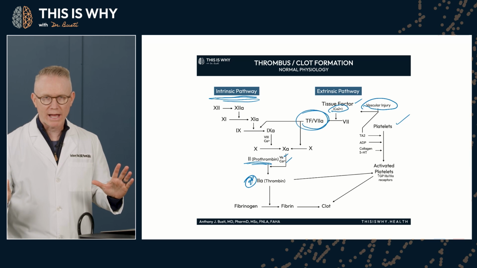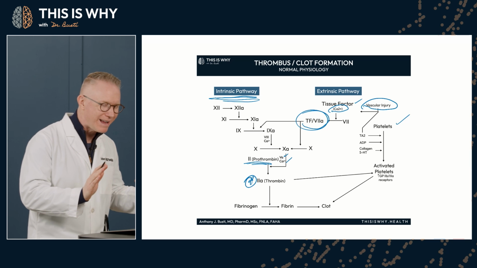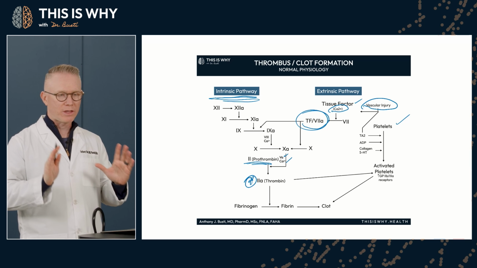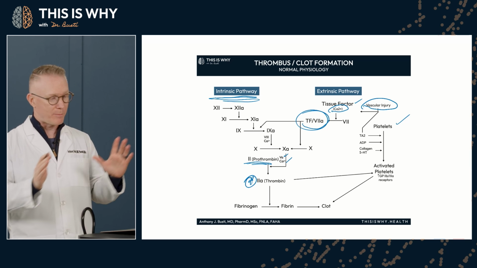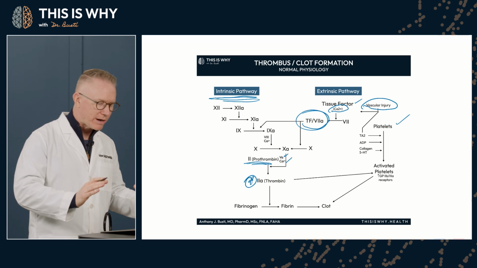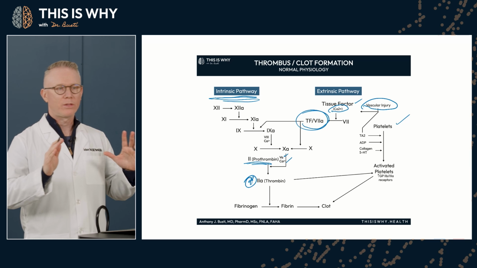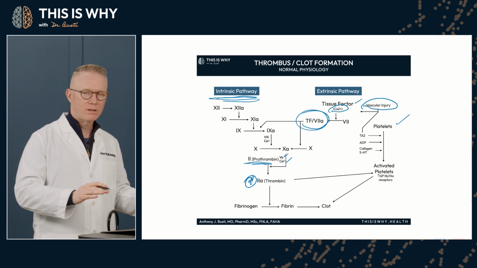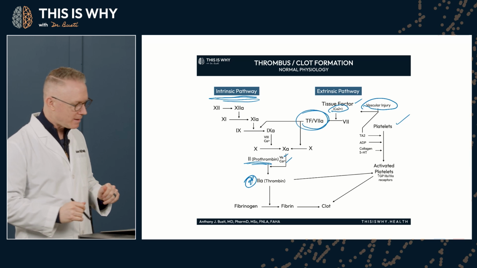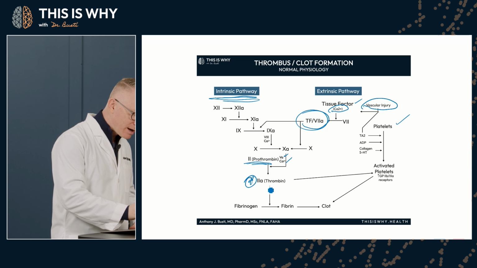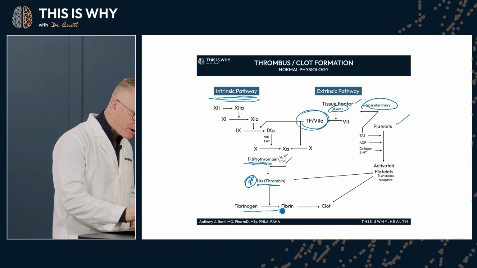Don't take this for granted, but this is one of the reasons why we target drug therapy against it. Heparin targets it, low molecular weight heparins. We have direct thrombin inhibitors for this reason, okay? They turn on and make thrombin, and that converts fibrinogen to fibrin.